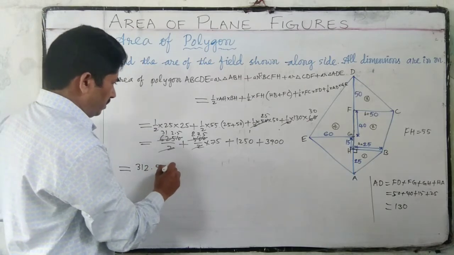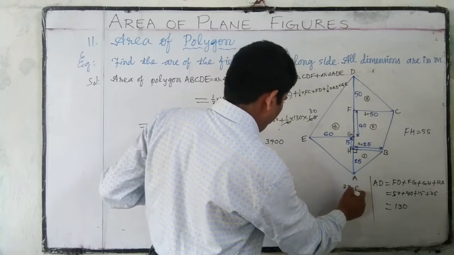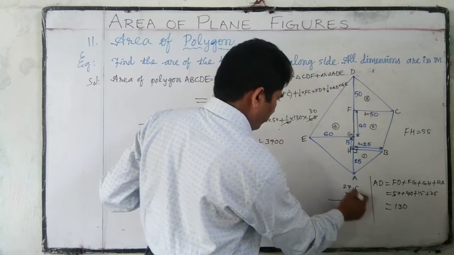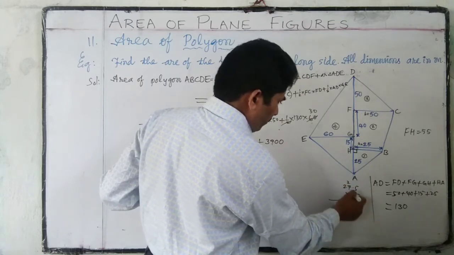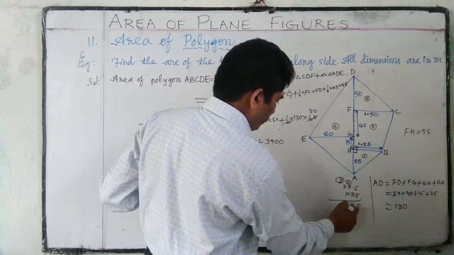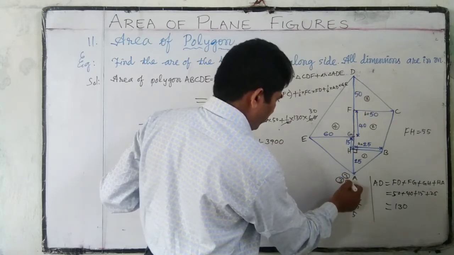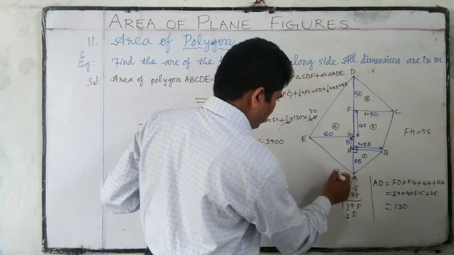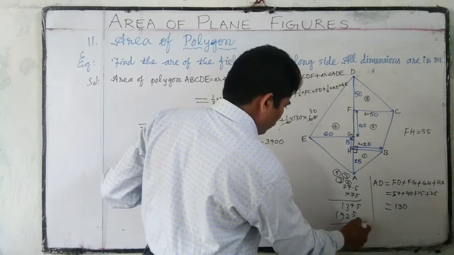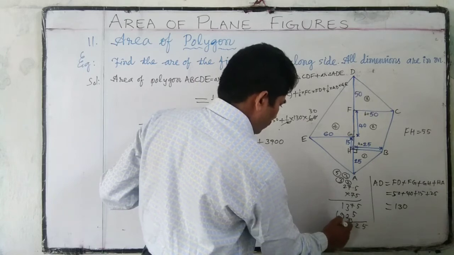312.5 plus 27.5 into 75. 5 fives are 25, 7 fives are 35, and so on.